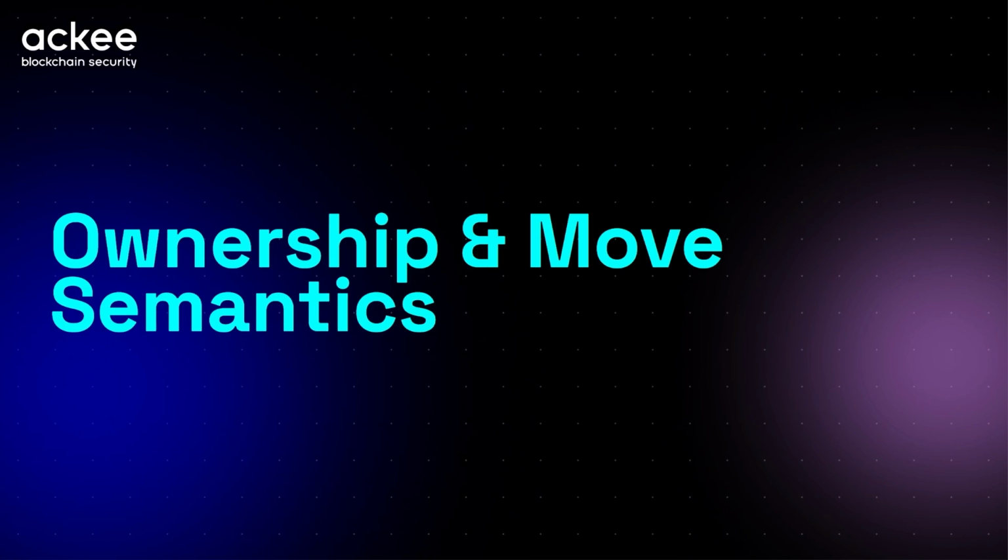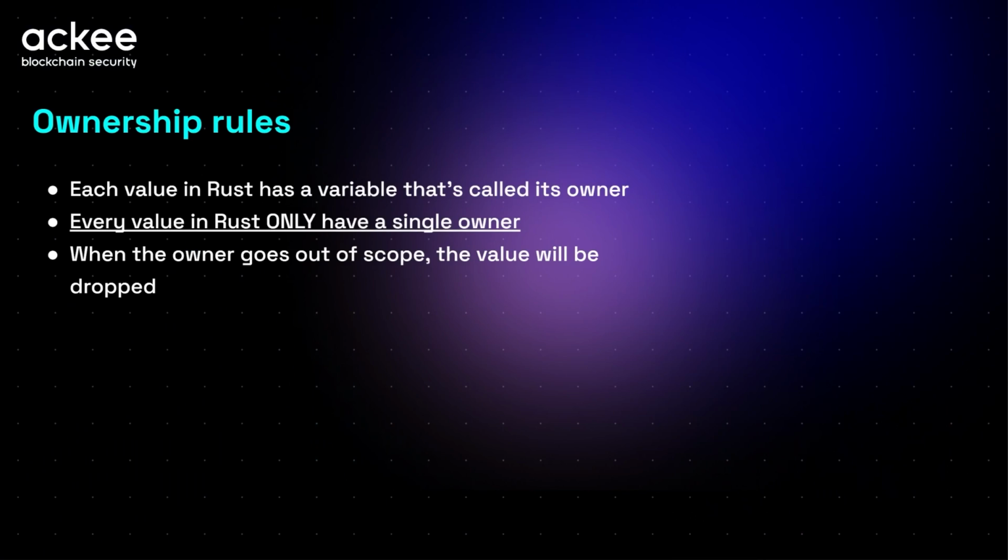Now we can continue to the ownership and move semantics. There are a few ownership rules. It starts with each value in Rust has a variable that's called its owner. So in the start, I was talking about the simple declaration of variables.